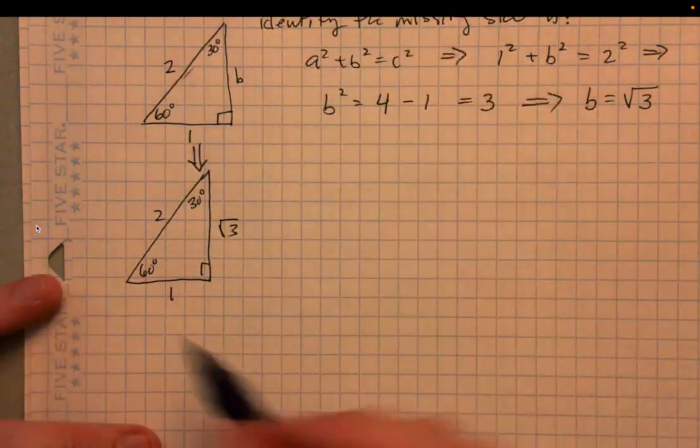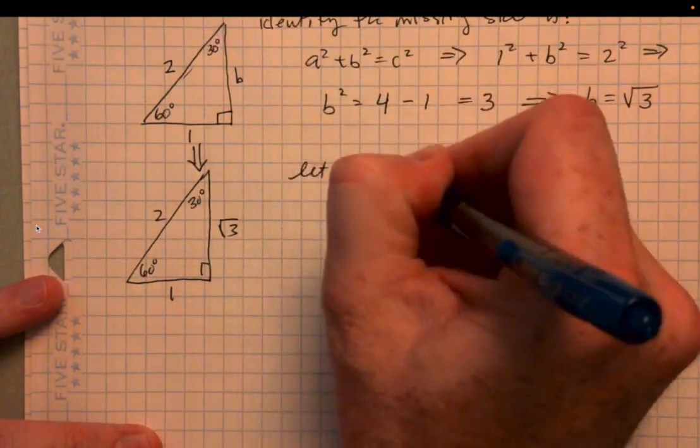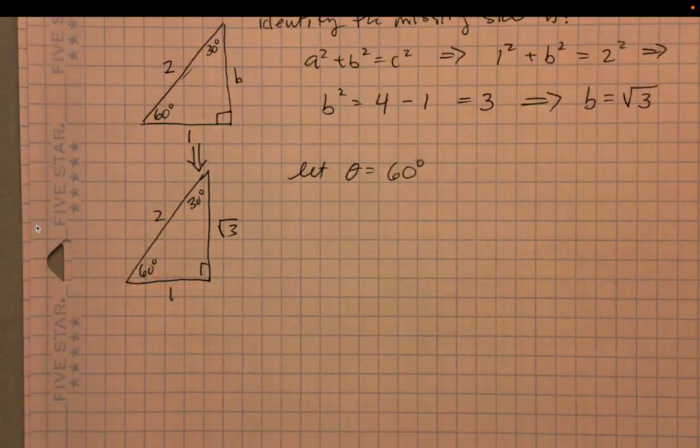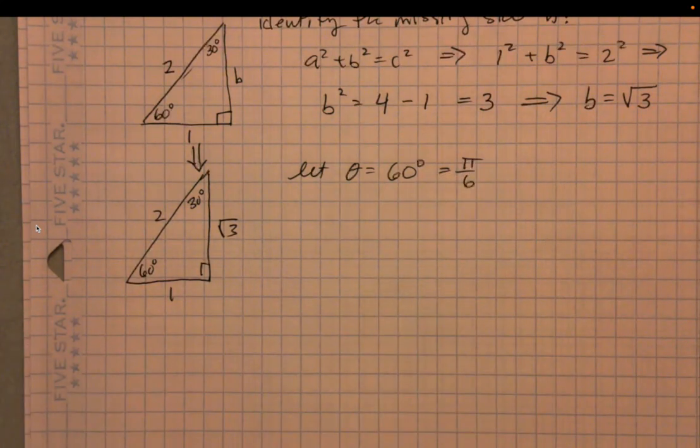Let's start by letting theta equal 60 degrees. So theta equals 60 degrees, that's going to be pi over 6. That's the pi over 6 that we're interested in, isn't it? Given that, we can quickly figure out what all of the trig functions are here.